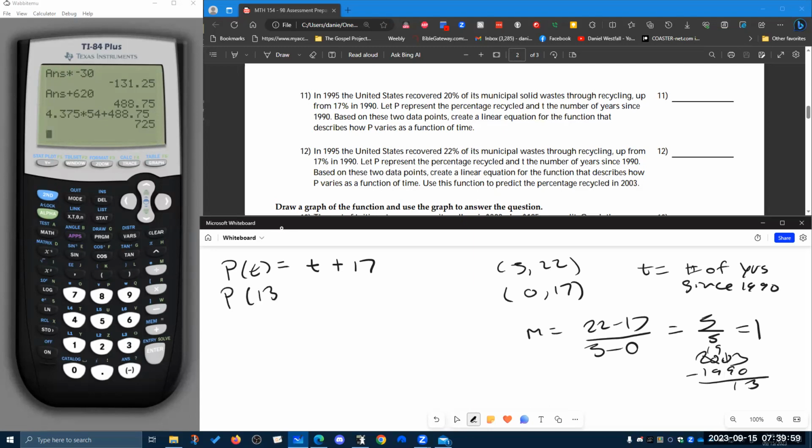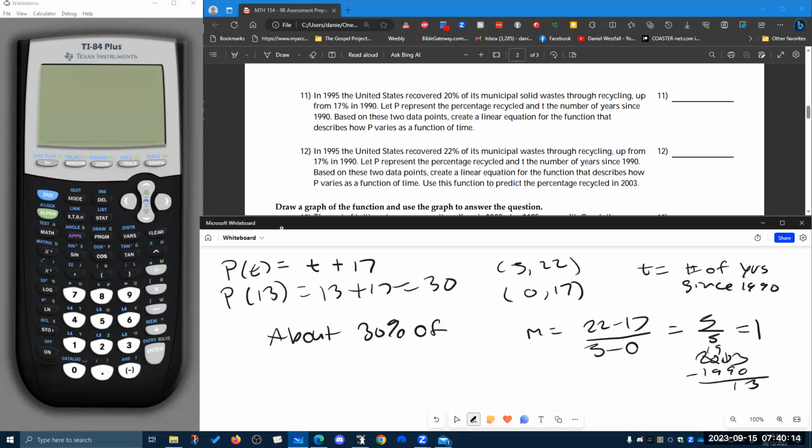So P of 13 is equal to 13 plus 17 is equal to 30. So we would estimate that about 30% of solid wastes would be recycled in 2003.